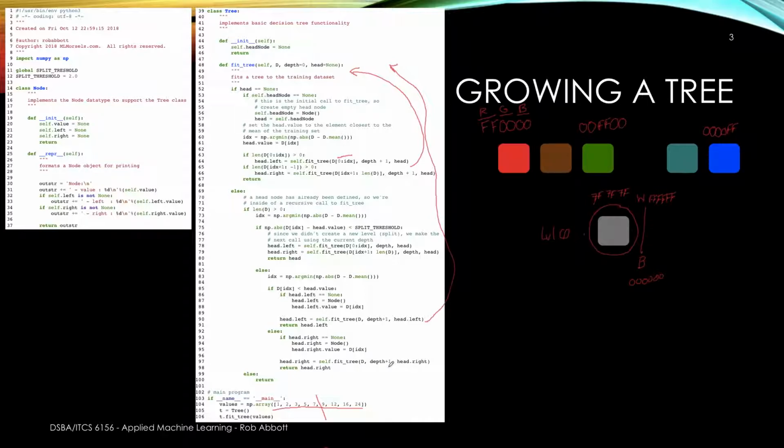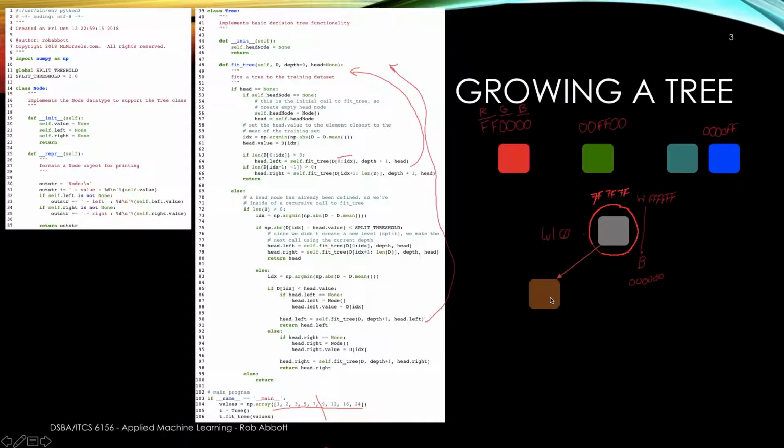So what does this look like? Once again, over here in our tree, the next mean element is brown. So we create a new node to the left. We assign the value of brown to it.